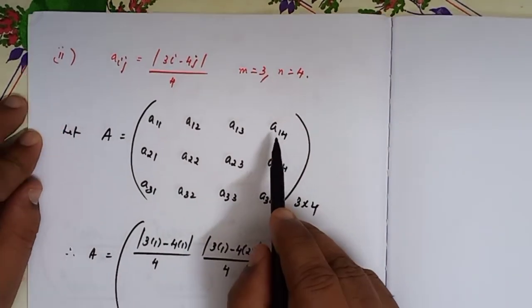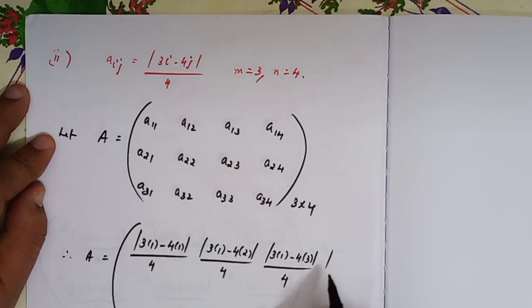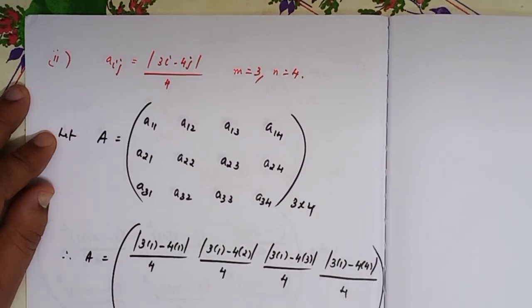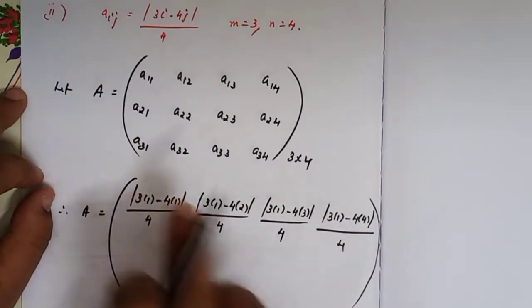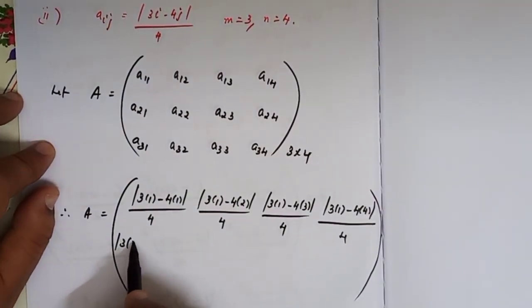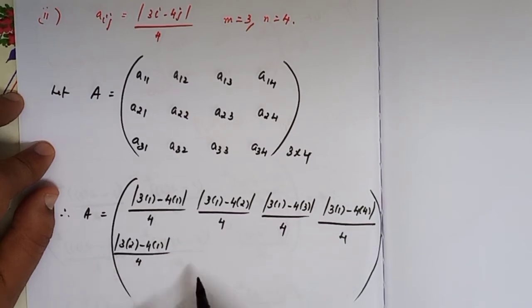Finally, i and j values 1 and 4, that is modulus of (3 into 1 minus 4 into 4) whole divided by 4. Next, i and j values 2 and 1. So write modulus of (3 into 2 minus 4 into 1) divided by 4.